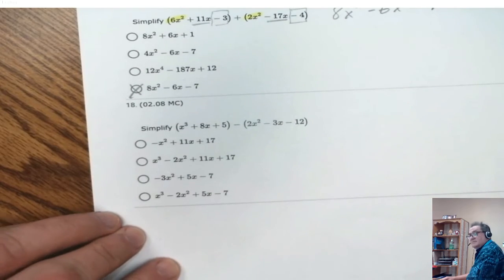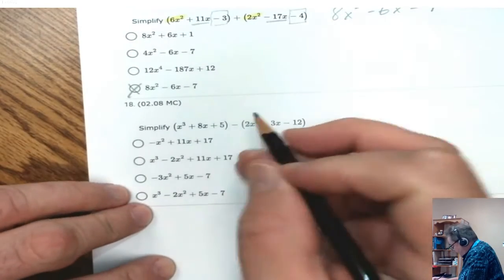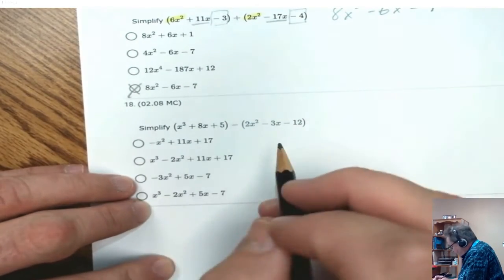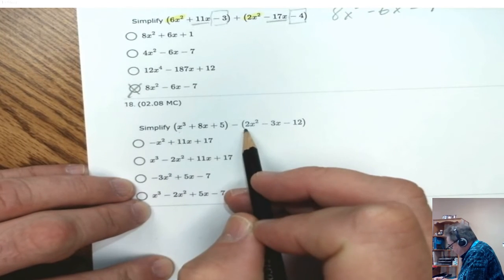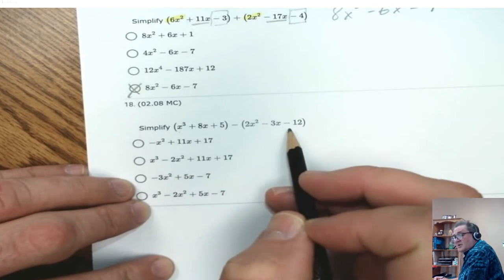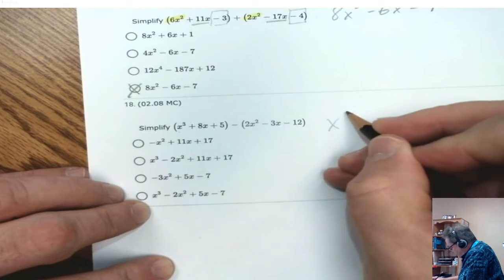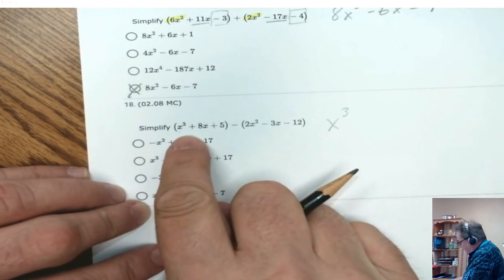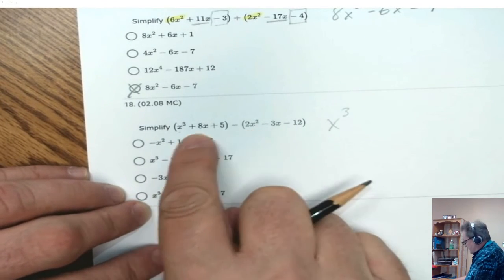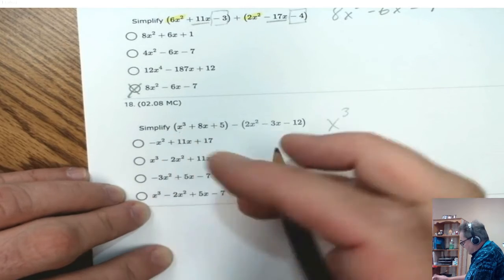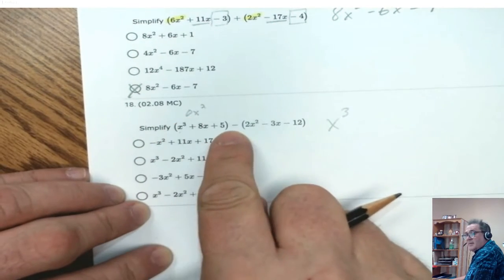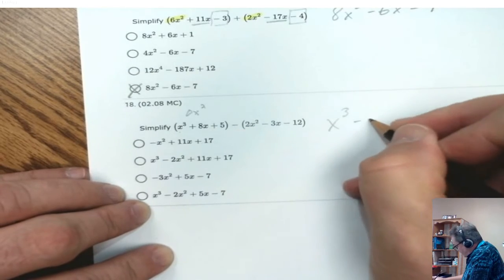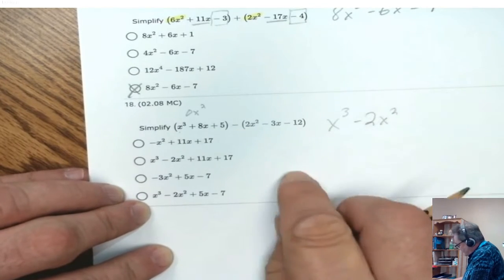Okay. Let's look at this one. This is subtracting. Same thing. We can only do like terms. X to the third, what can we subtract from that? There's not an x to the third at all, so x to the third is by itself. How about x squared? There's an x squared, but we don't have one over here, so we have 0x squared over here. 0x squared minus 2x squared is minus 2x squared.